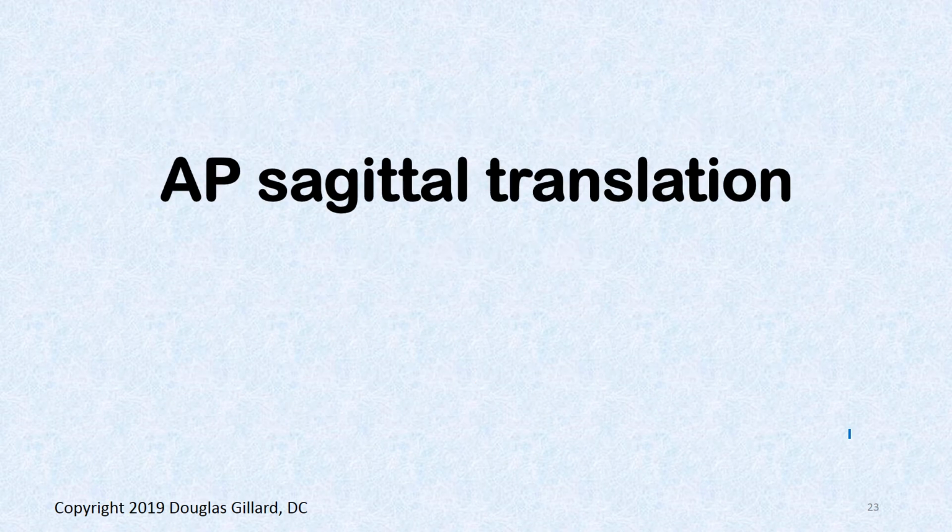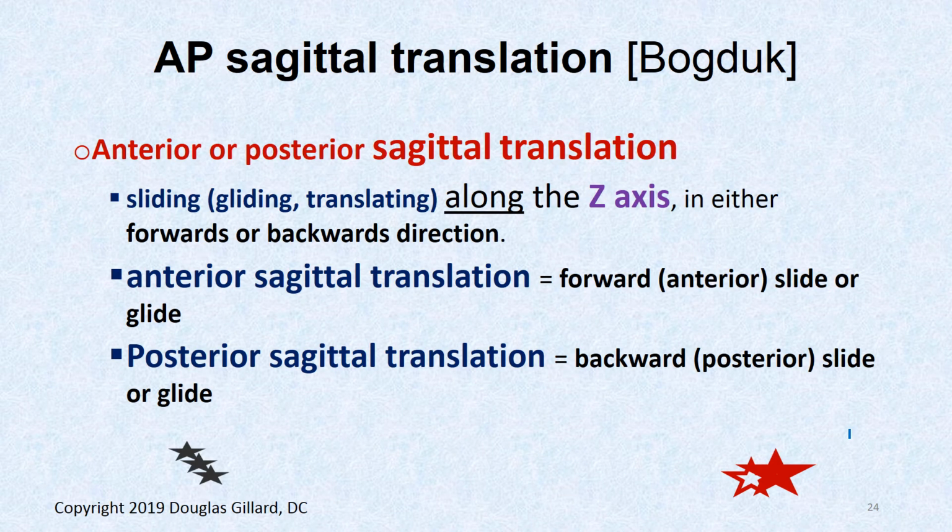And this is clinically significant. If you slide forward, that's an anterior sagittal translation. You need to know that. If you slide in the z-axis forward, that's basically pushing one motion segment forward in relation to the other without twisting either one of them. Some people just call it, when you get in practice, a slip, a forward slip.